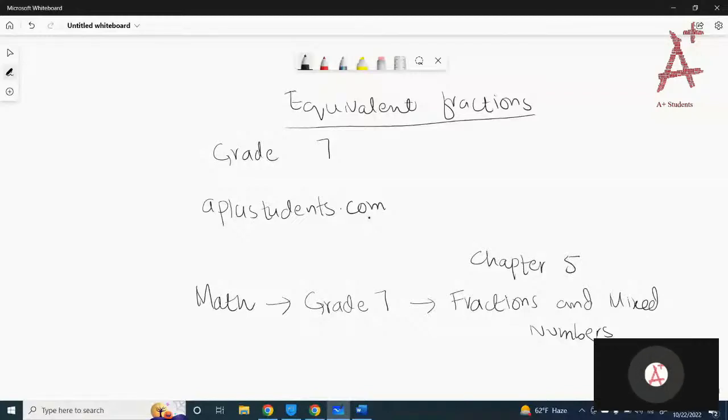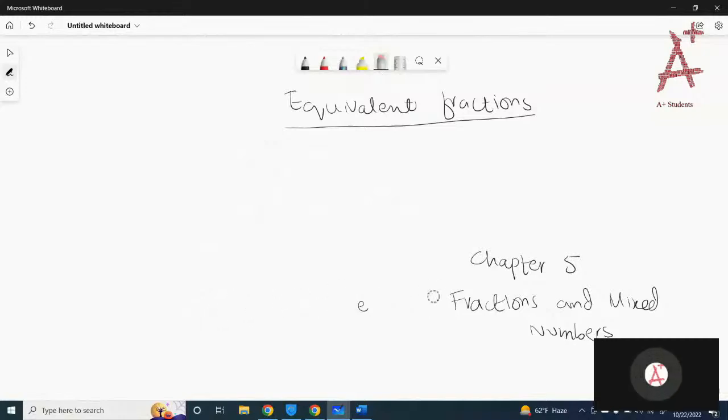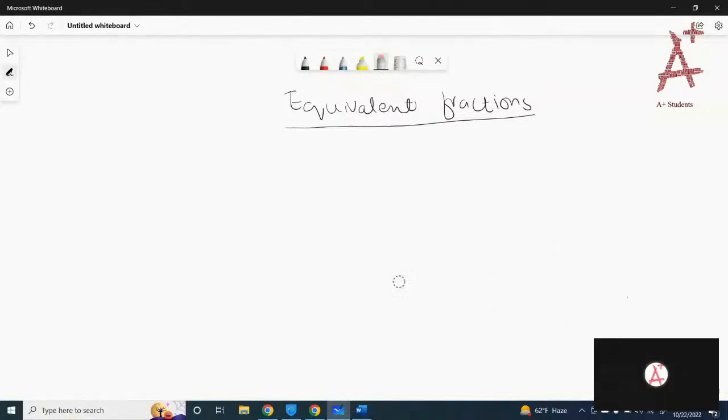Please make sure you have your notebook and pencil so that you can note down important definitions and important examples as well. Got it? So we're going to start with equivalent fractions. Let's start with an example.